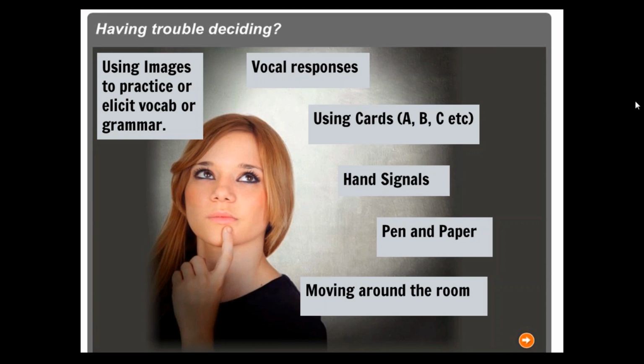Pieces of paper, I mean, when I say cards, very loosely, any old scraps of paper, but something where they're all interacting with the material at the one time, and you can see an overview of how they're doing. Hand signals, pen and paper, if that's the type of class you have. Some of my business classes wouldn't be comfortable with running around the room, but they'd be happy with working with a partner, like a timed quiz or something, and moving around the room, which I personally like, but not everybody agrees with me.